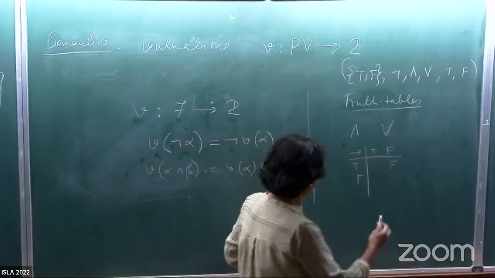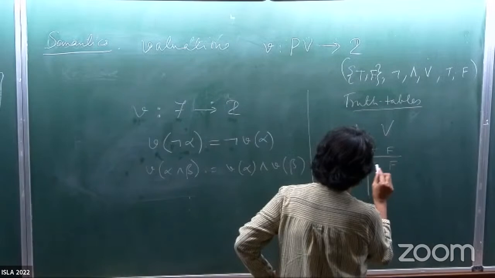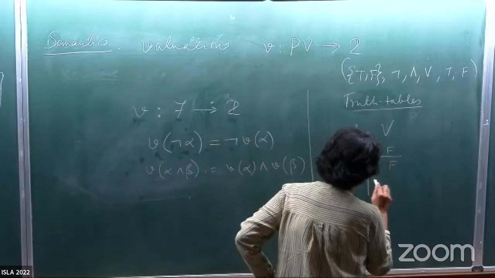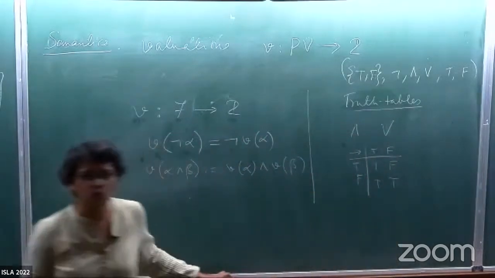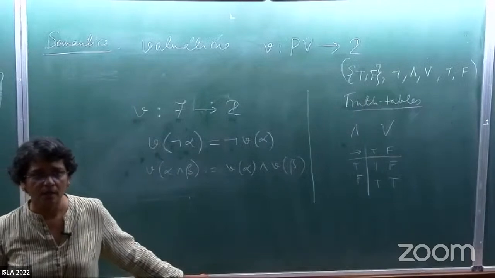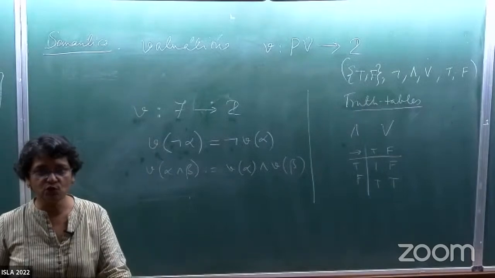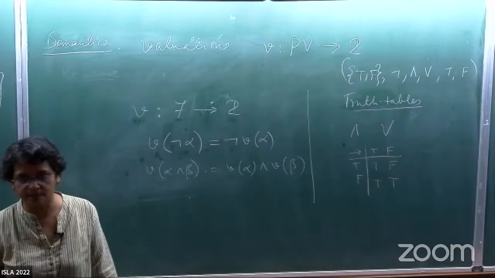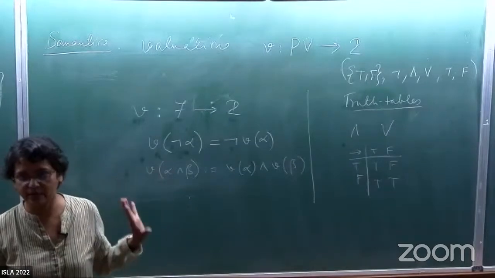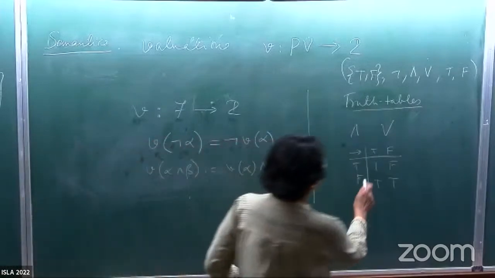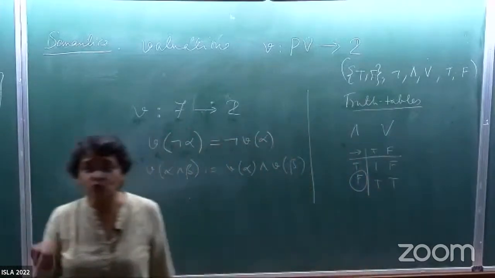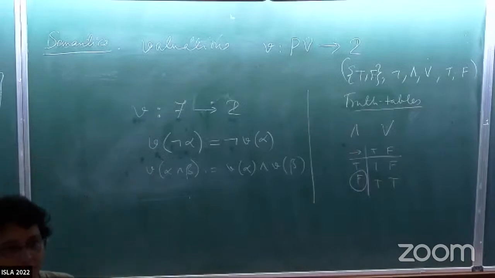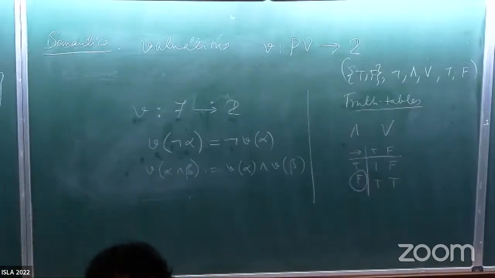Again, as I said, I'll do it interchangeably, but this carries the import better. So everywhere else, you have true, right? It's only when your premise is true but your conclusion is false that you would like to say the implication is false. Which means that when your premise is false, you want the statement to be true.